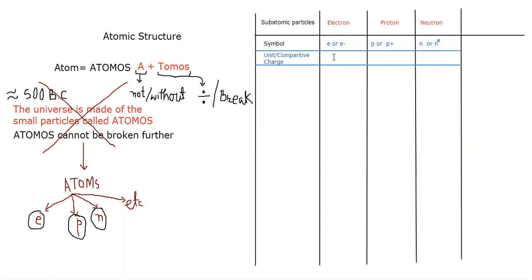The comparative charge on electron and proton, from different kinds of logical explanations and data, is always the same. Like this is 1, this is 1, and this is 0, meaning no charge.